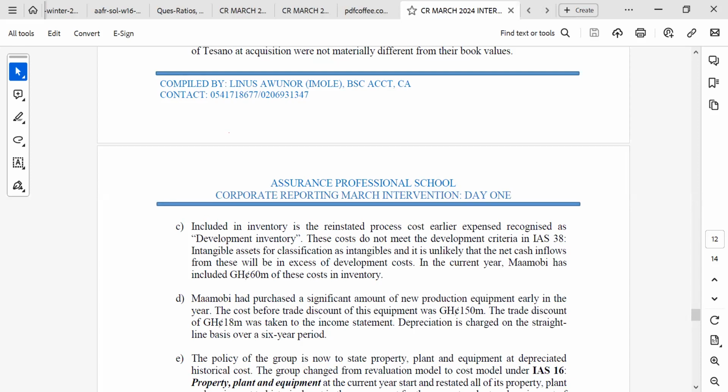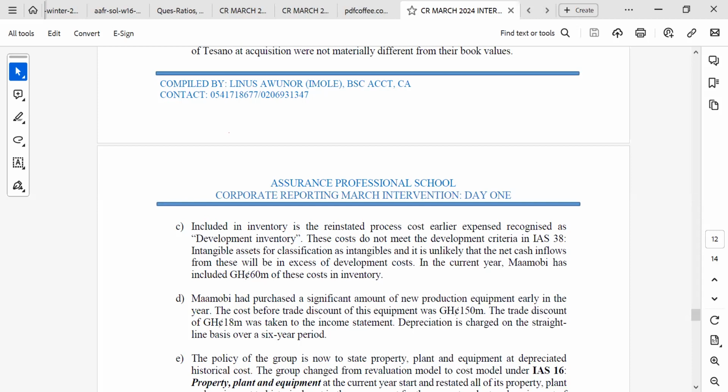And in that same vein too, we have overcharged depreciation. So we have to go and add back the depreciation, take out 15 from current assets, and then go to their net assets and take out the 18. That is all. This particular footnote is relating to which standard? PPE. Yeah, IAS 16.